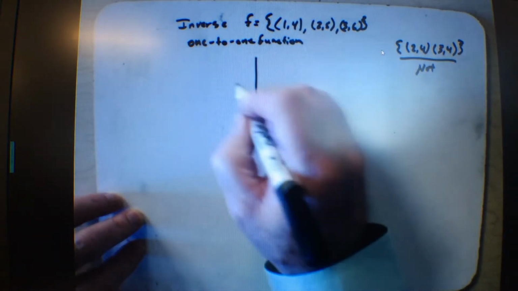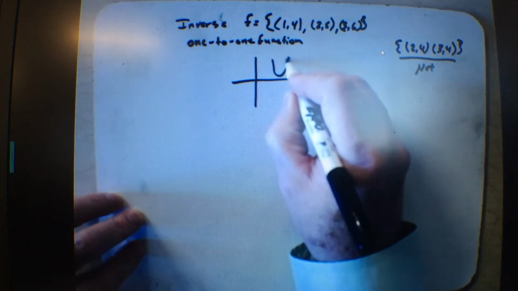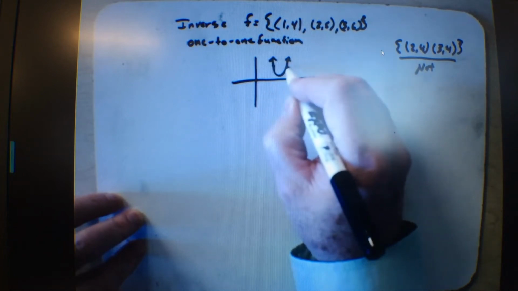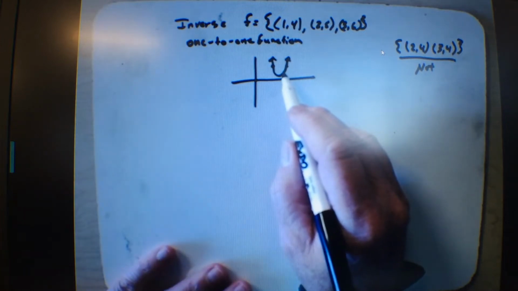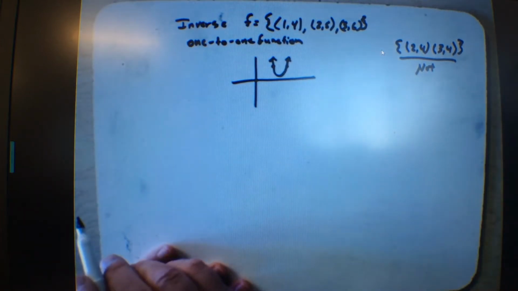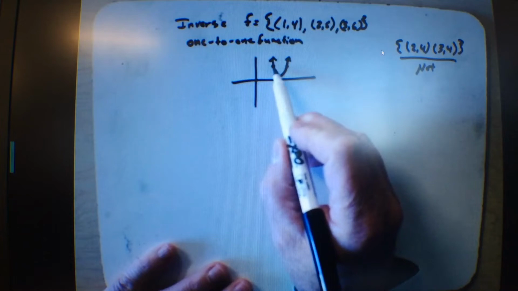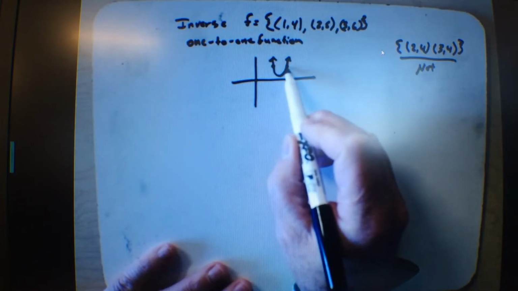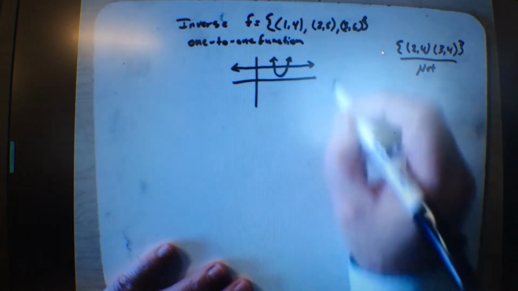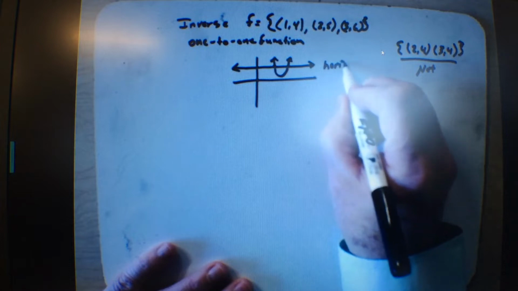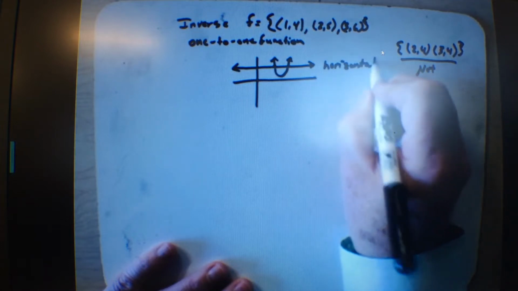Now, one of the things I want to show you is, if I have a parabola, correct? Okay, and I have 2 points like this, the parabola is a function, isn't it? Yeah. However, is it a one-to-one function? No, because this x and this x go to the same y. You understand that? So therefore, a one-to-one function can be checked by a horizontal line test.